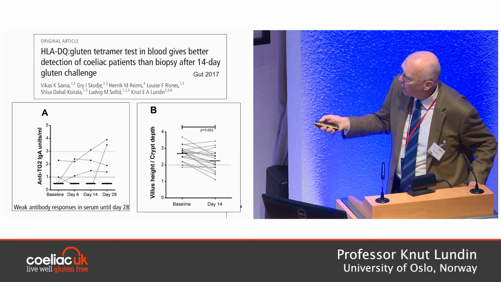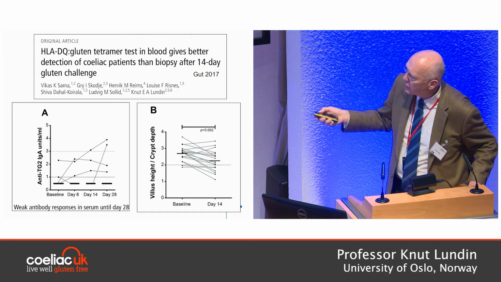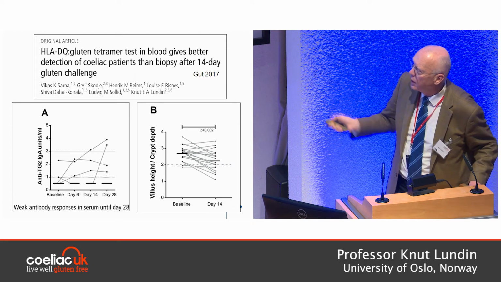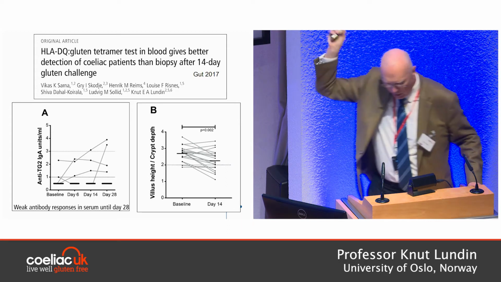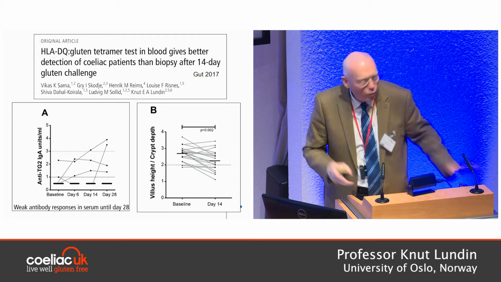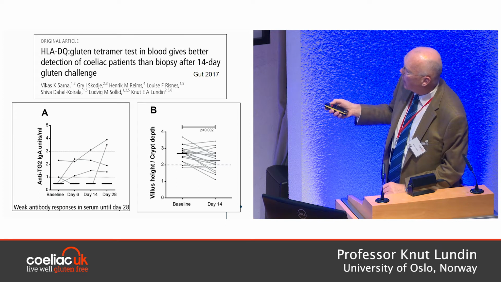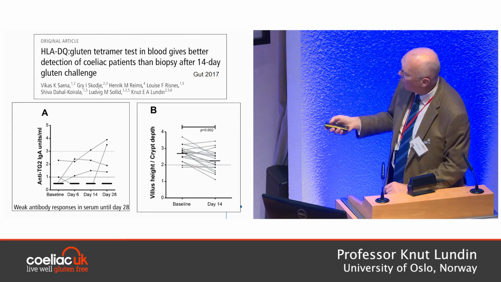This is the cutoff, the local cutoff. You see these are very small values. Most untreated celiacs would have levels way up here. So after 2 weeks, serology is no good. You can take a biopsy and look at the villus height to crypt depth axis.